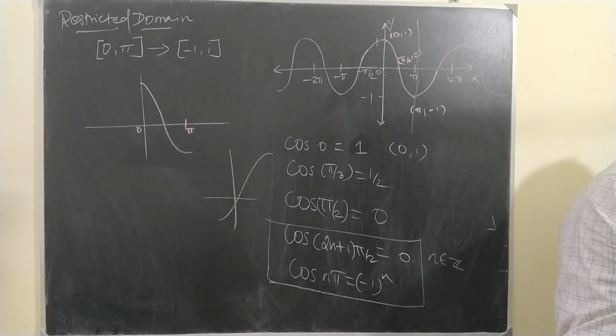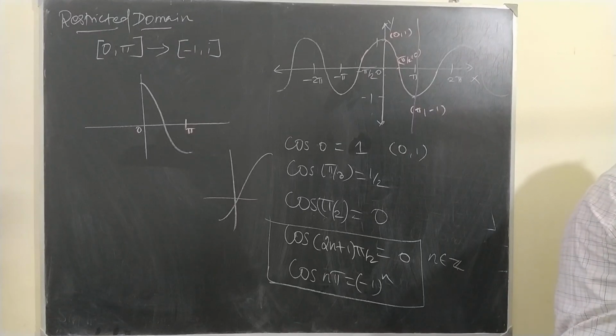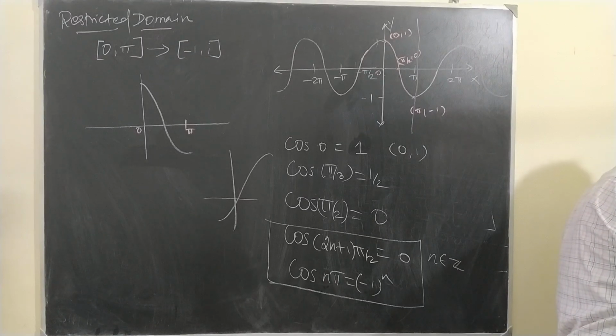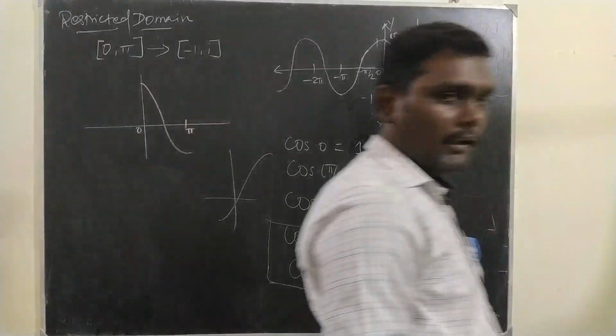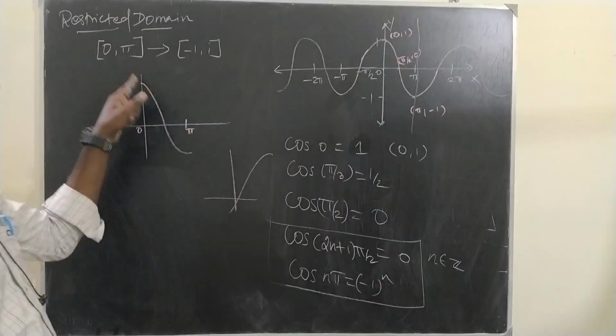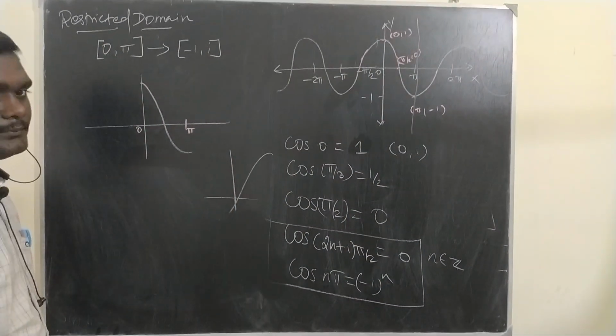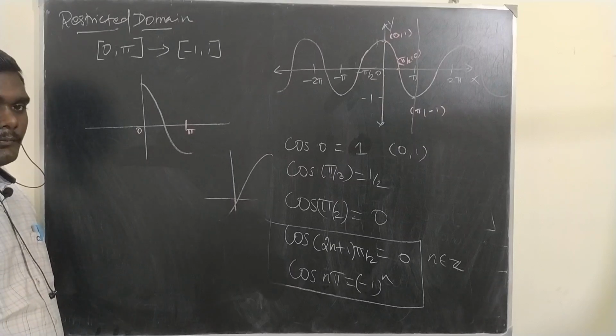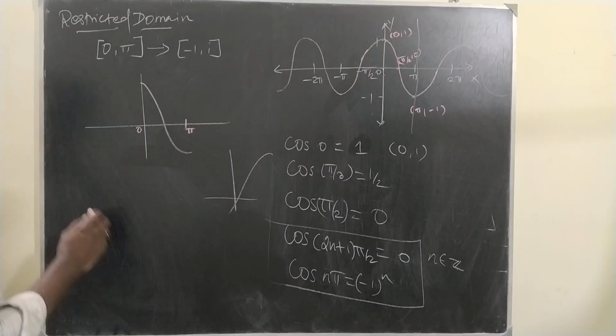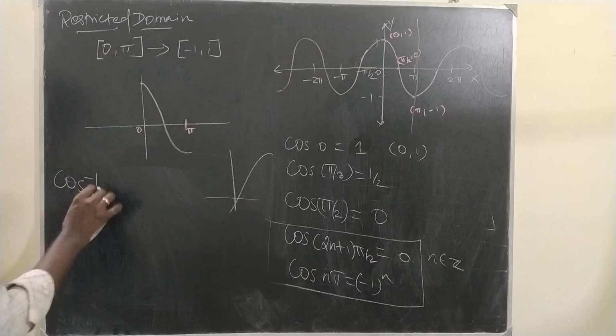That is the question I am going to ask next. See, this is the restricted domain of the function cos, to make this bijective. For cos inverse, what is the domain of cos inverse of x?